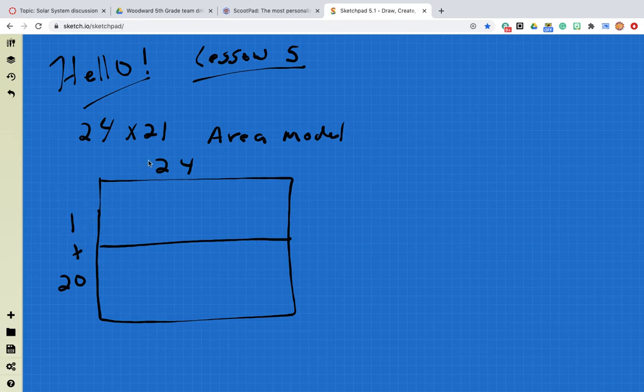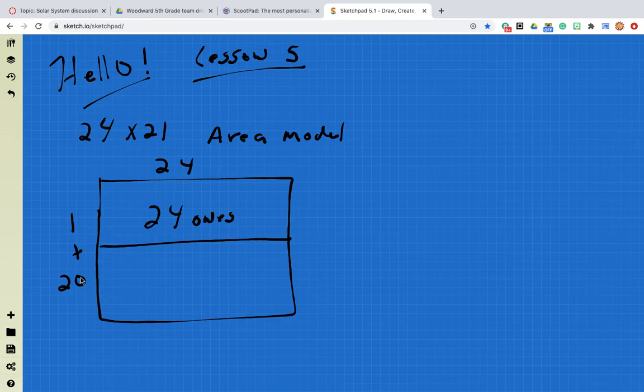We're going to go ahead and multiply to find our partial products. 1 times 24 is 24, or 24 ones. And 20 times 24.